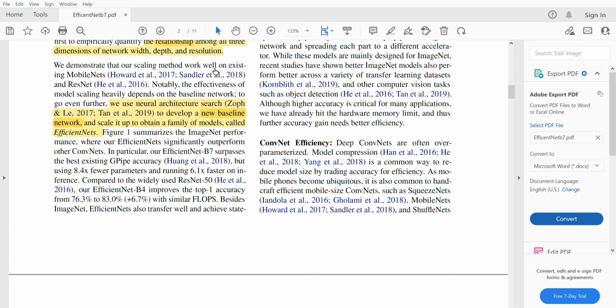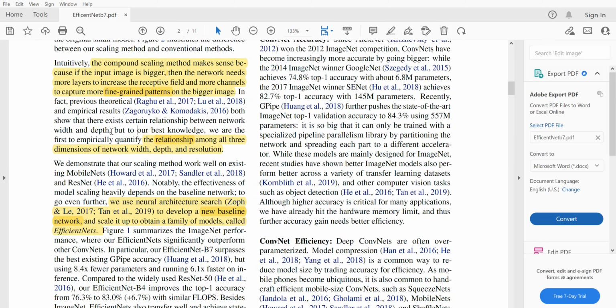So they demonstrated their scaling method by applying it on MobileNets and ResNet, and they use neural architecture search, which is another whole topic I'm going to make a video on soon, to develop a baseline network. They then scale it with their proposed method to obtain a family of models. What the proposed method was, we will see in a bit.